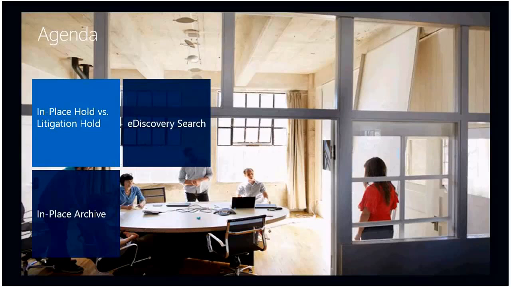What happens if you as an admin want to disable the archive? It's exactly what happens, for example, when the user is deleted and then also his primary mailbox is deleted. This archive mailbox will be in the so-called soft delete state for 30 days, during which time it can be recovered.